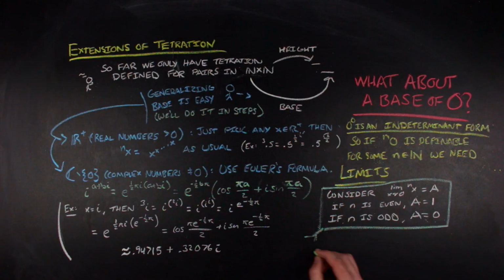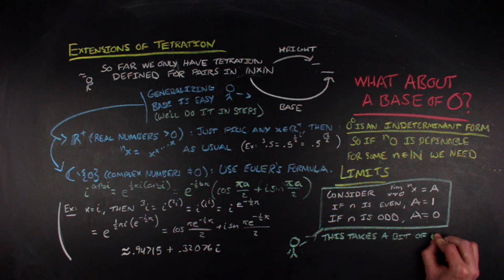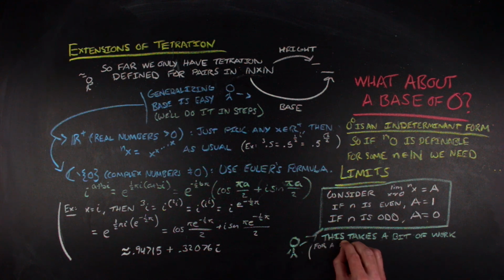Now, it takes quite a bit of work to get there, but actually, Black Pen Red Pen has a video where they go through and do the limit of x to the x, which covers the n equals 2 case and can give some intuition for how you might approach this in a more general sense with x to higher heights of tetration.